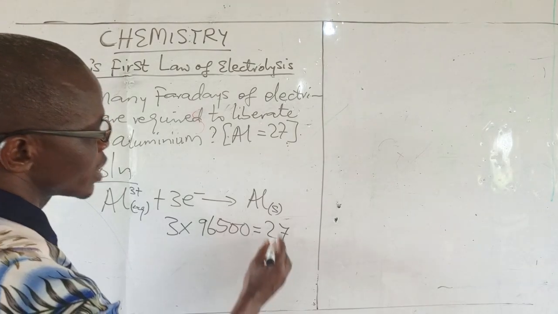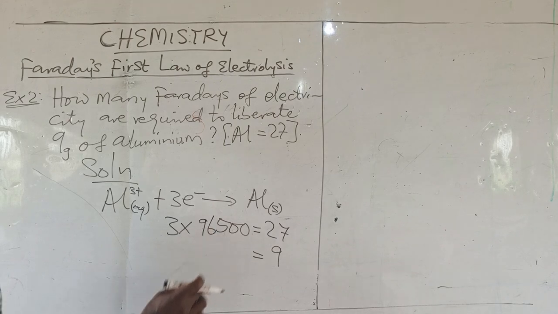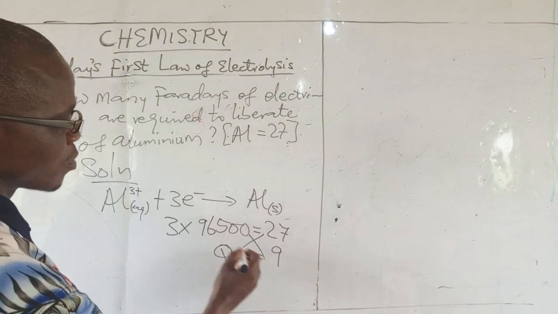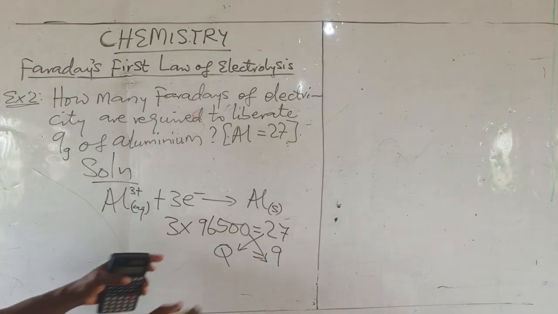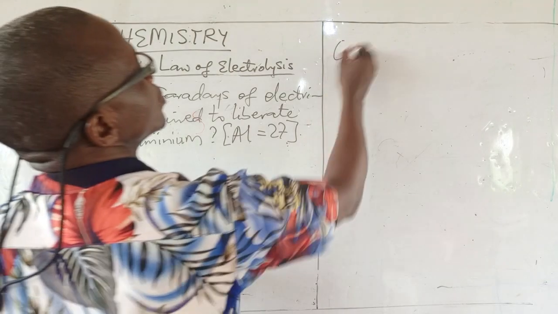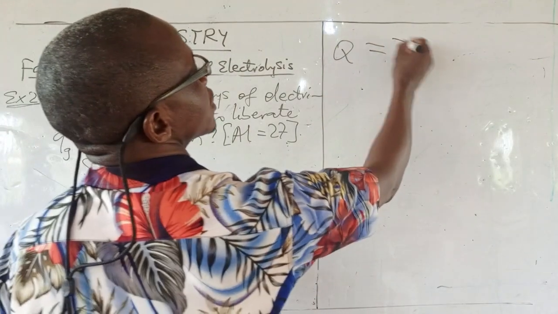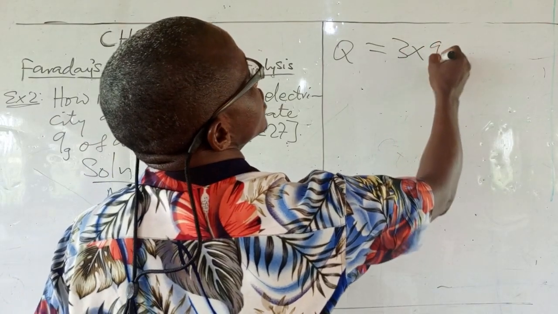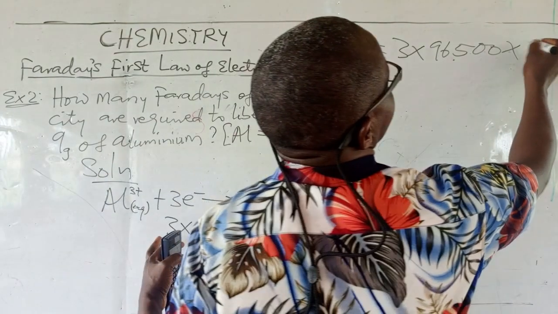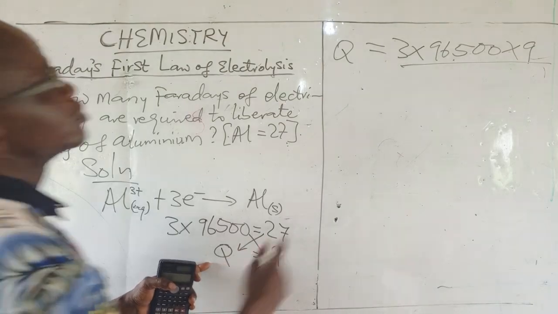I will put 9 under 27 because they are in grams. Now, this side, I do not know the quantity of electricity, so I will cross multiply. I will now say this times Q equals this times this times this. That means 3 times 96500 times 9 all over 27.